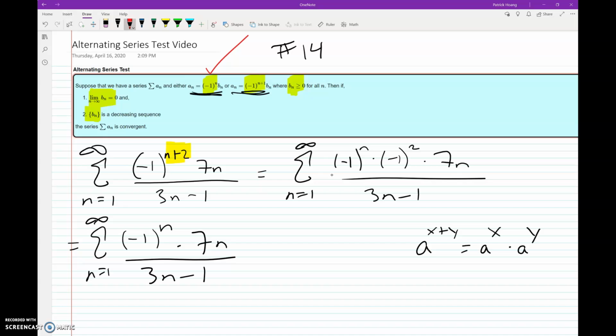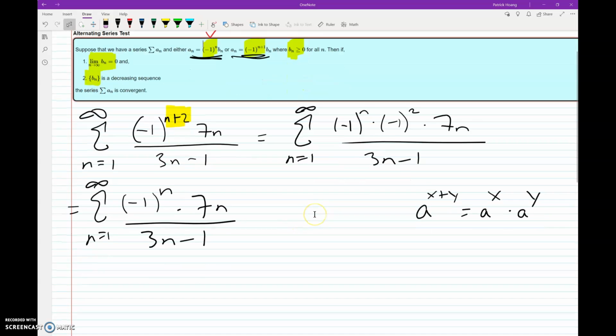Next step, we have to make sure b sub n is greater than or equal to 0 for all n. Remember b sub n in this case is all of this, the stuff next to the (-1)^n. You can type this into a calculator, or you can test out points. When n is equal to 1, this is 7 over 2.